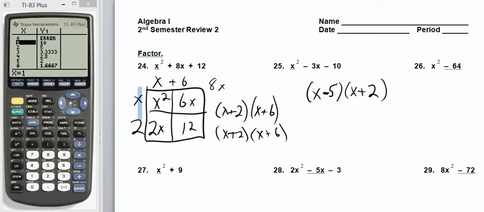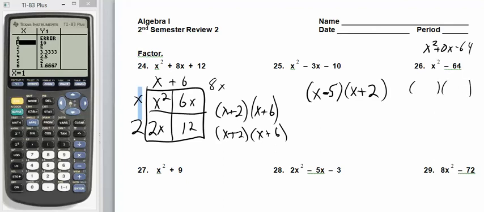For this one, just one little thing to point out. If there's no x term here, we could write this 0x minus 64. When there's no x term here, they're going to be plus and minus the same thing.